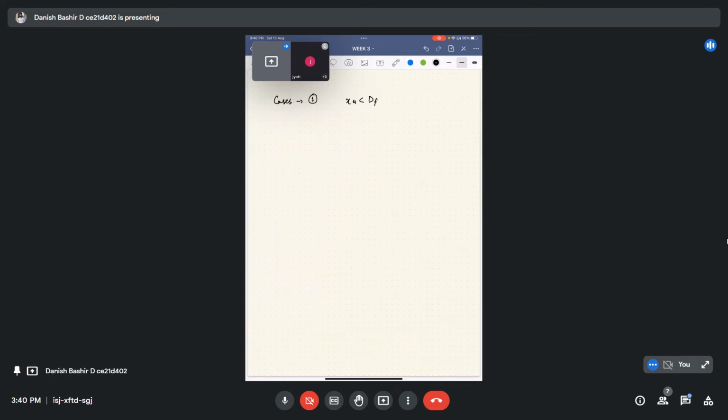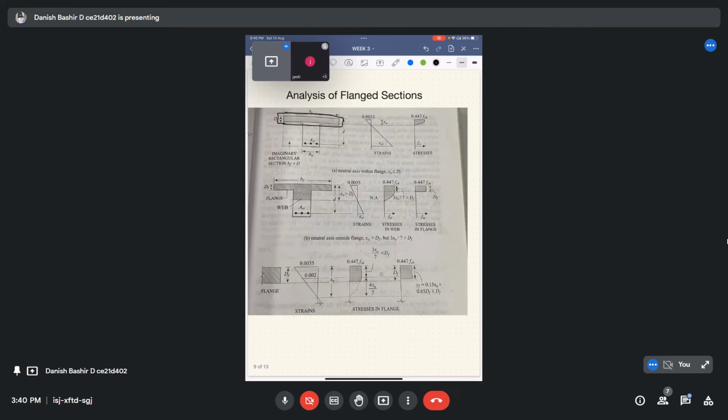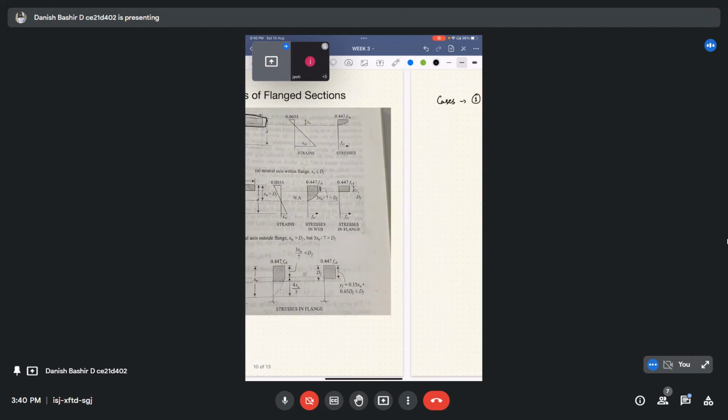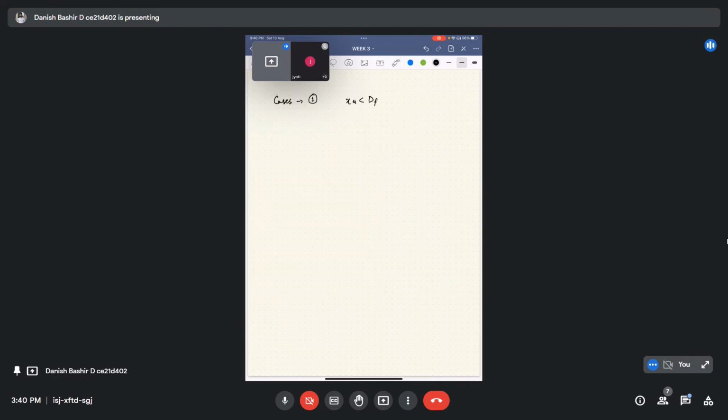If the depth of the neutral axis is less than the depth of the flange, then we consider it as an equivalent rectangular concrete section. Below the neutral axis AST will take the tension part, and above the XU it will take the compression part, and the analysis will be done in the same manner as done for a singly reinforced rectangular section. This case is simple. You would have already seen it in the videos.